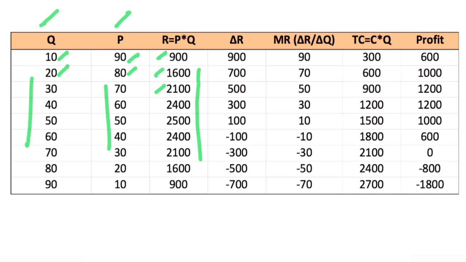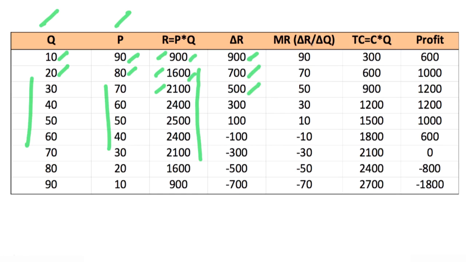So, what is the change in total revenue? Well, you go from 0 to 10, so for the first 10 units it is 900. When you go from 10 to 20, it is 1600 minus 900, so that will be 700, and so on.